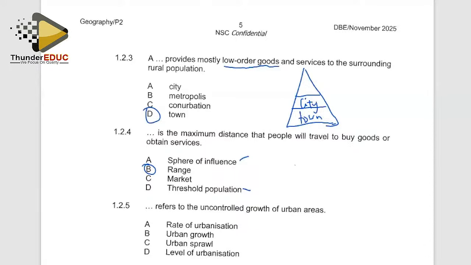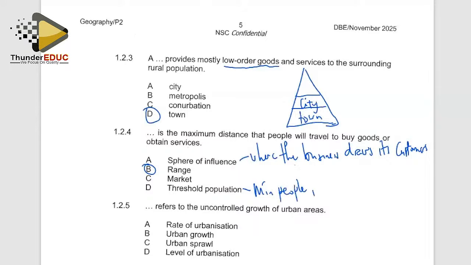The sphere of influence looks at where the business draws its customers. And the threshold population is the minimum number of people required to support a service and make it viable or profitable. So the correct response is the range of goods.